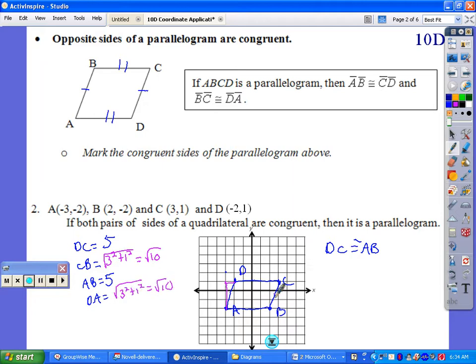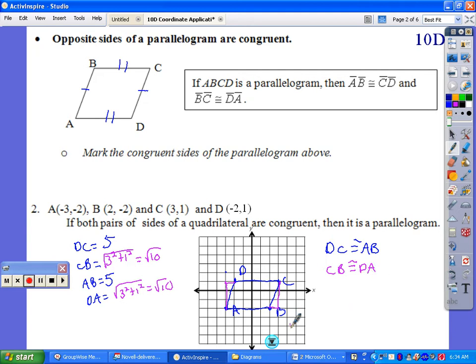And then if we do CB over here, it goes over 1, up 3. So our two sides are 3 and 1, so I already have that. And then we do a squared plus b squared equals c squared, and we take the square root. So both of those sides are square root of 10. So now we know CB is congruent to DA.